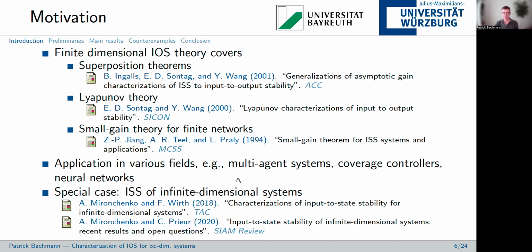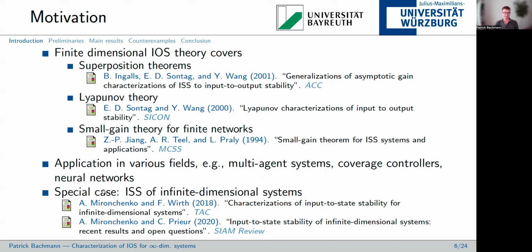There are applications in very many fields, also because it is maybe a bit more intuitive from an application perspective than ISS, because when do we consider systems where we know the whole state? For example, multi-agent systems, coverage controllers, neural networks. These are areas where IOS is considered.